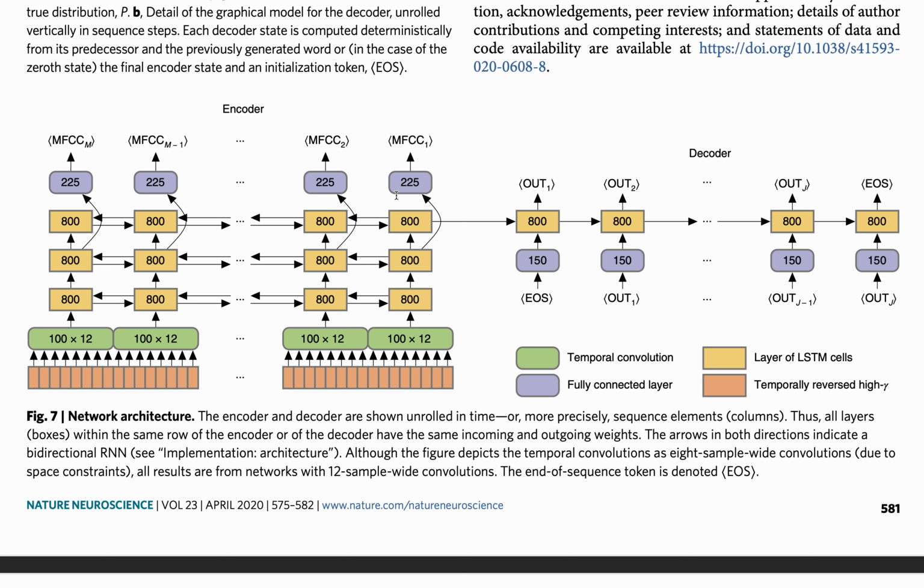The blue outputs here are basically for auxiliary tasks. This is not the real output we are going to use. At the end of the encoder, using this arrow here, the information is transferred to the decoder. The decoder kicks off with this information and an end of sentence token. And this might be a bit confusing. This is the end of sentence token, but this is where the process starts.